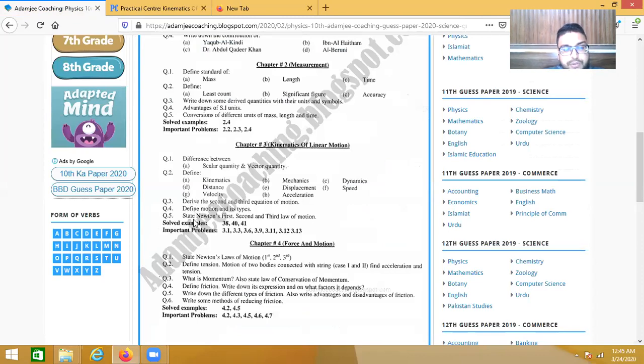Newton's laws of motion, the second and third laws of motion will be there, inshallah. And the numericals, right? The chapter 3 numericals are very important for this year's physics board exams, and inshallah we will be covering that soon.